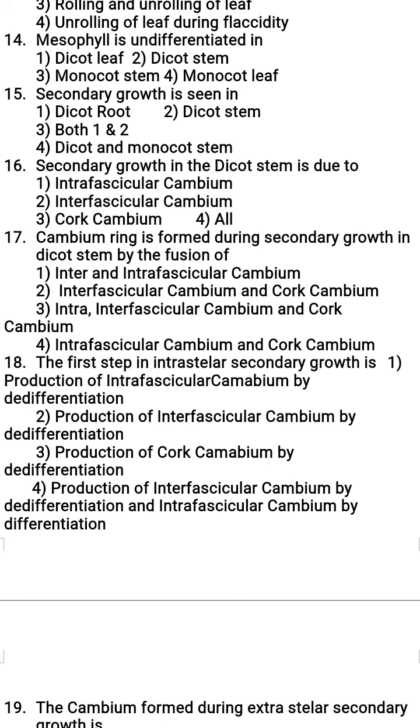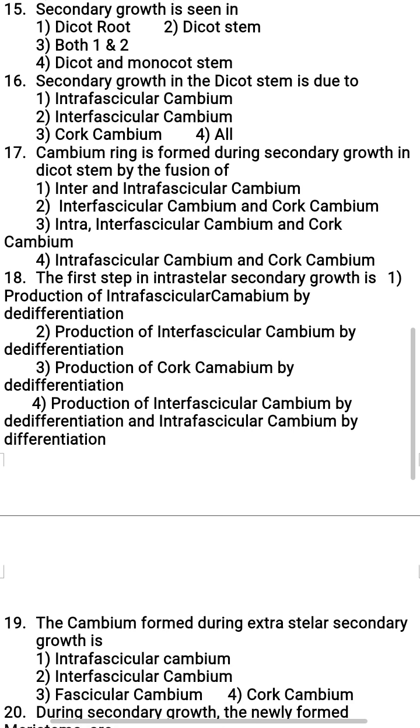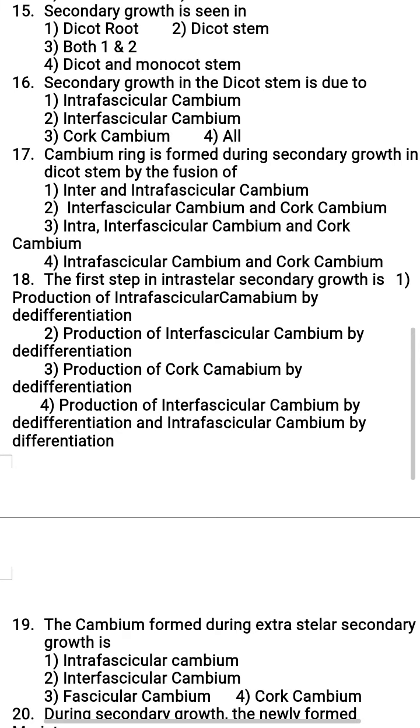The first step in intrastellar secondary growth is, let's see the first option, production of intrafascicular cambium by dedifferentiation. Next, production of interfascicular cambium by dedifferentiation. Third, production of cork cambium by dedifferentiation.